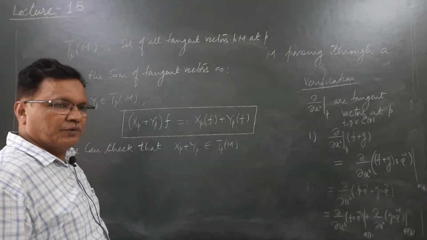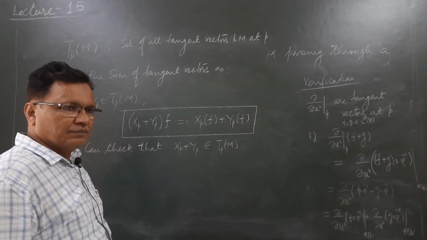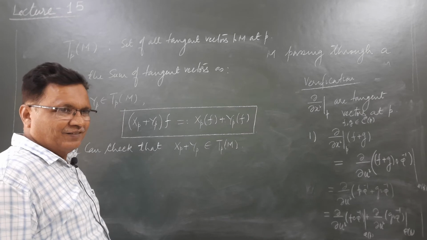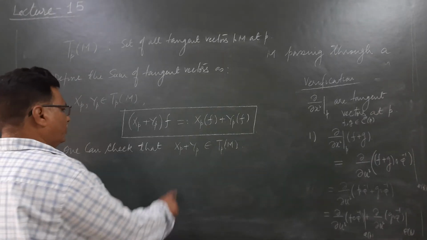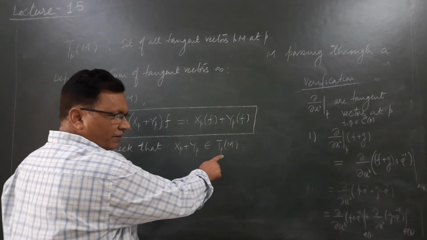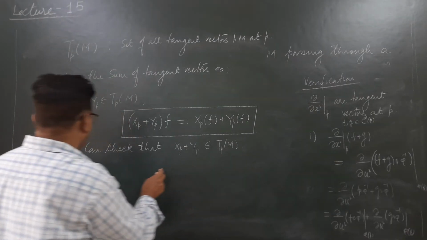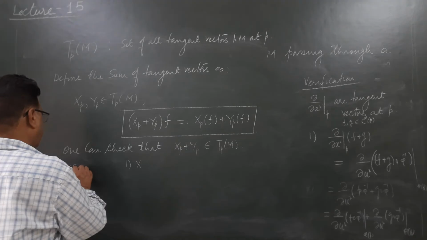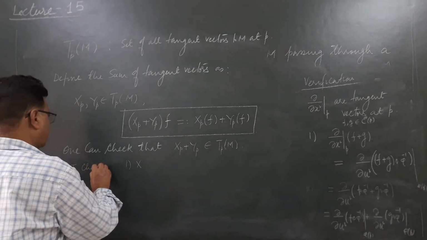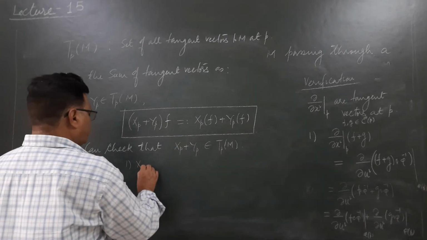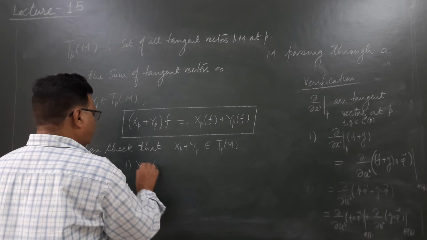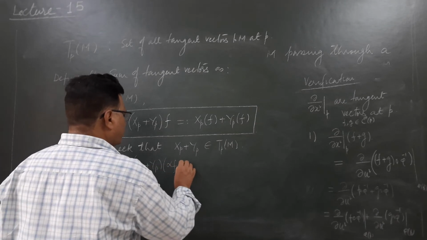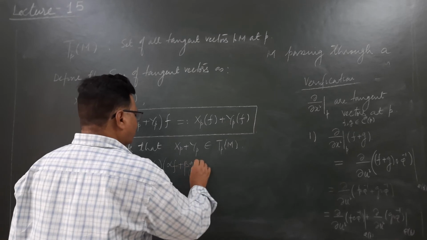ये कैसे प्रूव करेंगे कि ये दिस हैपन्स? Yes. So in order to check that XP plus YP is in fact a tangent vector, we need to check XP plus YP operating on alpha F plus beta G. Alpha, beta are scalars.